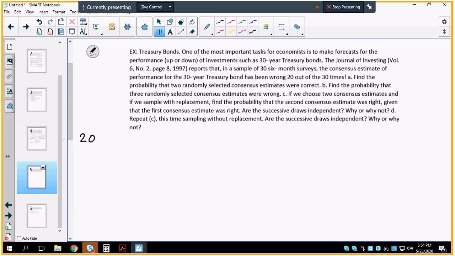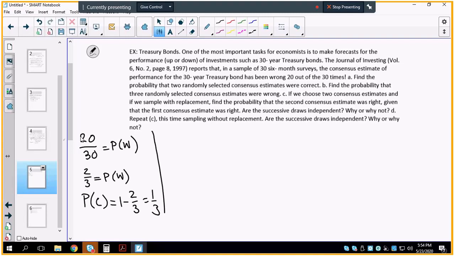So 20 out of 30 is probability of wrong. So that's 2 over 3. I want the probability of being correct, so that will be 1 minus 2/3, that's 1/3. The next question, are we doing it with replacement or without replacement? For the first question, remember you were selecting 2.